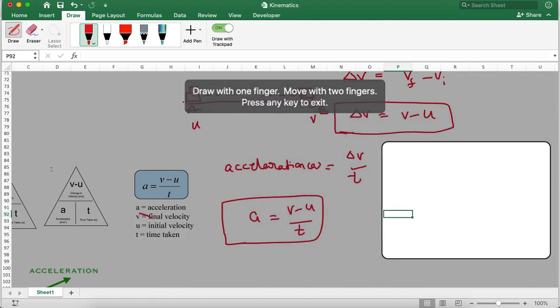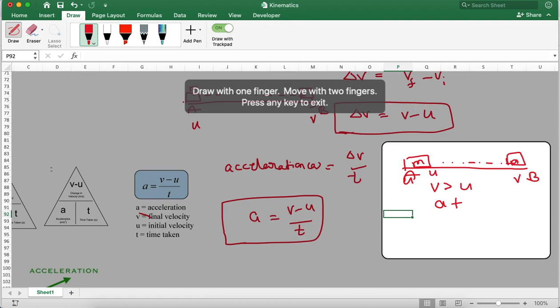For example, there is a path with point A and point B, and an object of mass m started at point A and reached point B. Let me say the velocity of the object at A is u, and the velocity of the object at B is v. If the velocity increases, which means the final velocity is greater than the initial velocity, then the acceleration is positive and the object is accelerated.